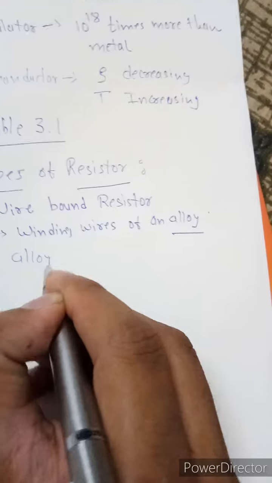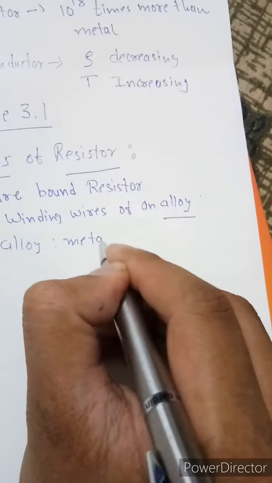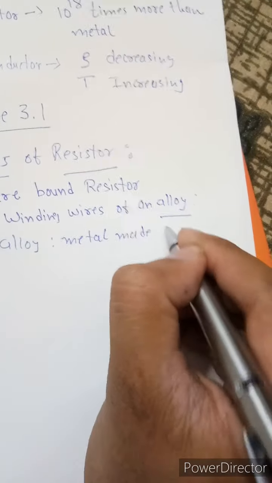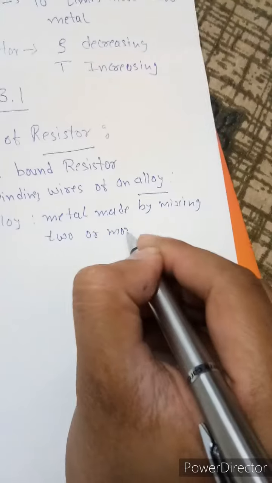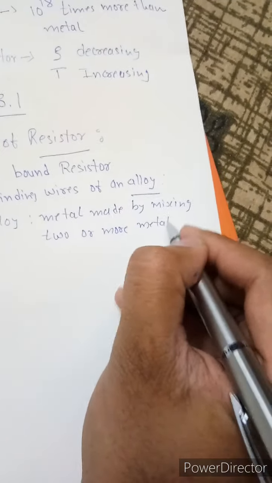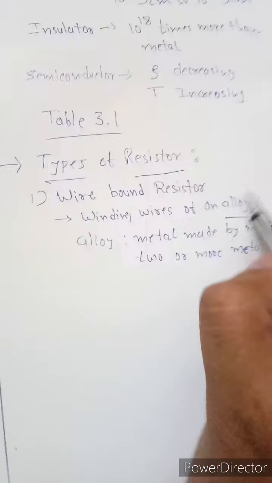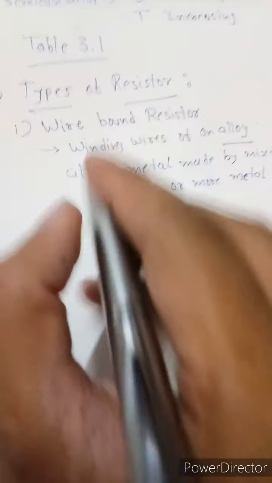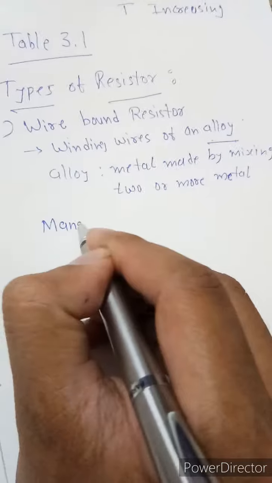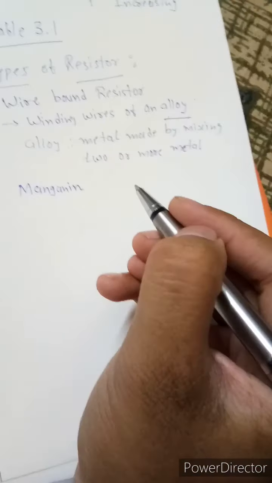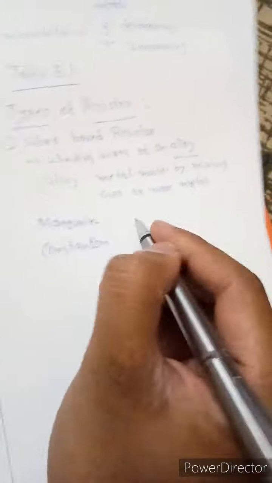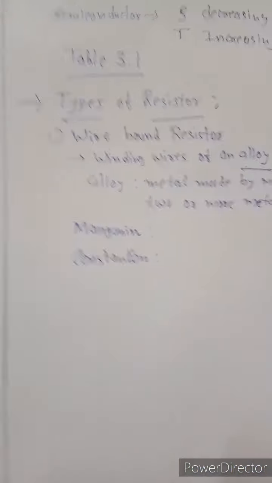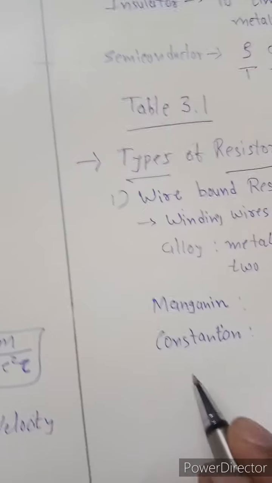Which types of alloys are used in wire wound resistors? First is manganin, second is constantan, and third is nichrome.